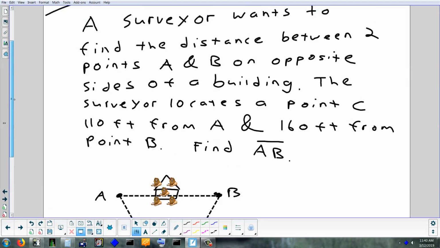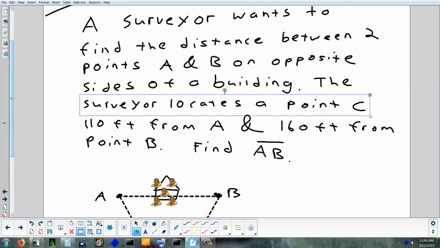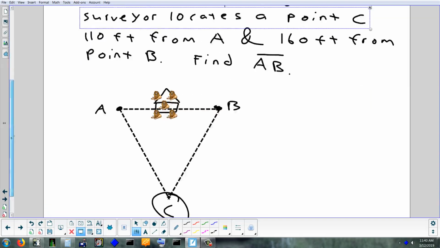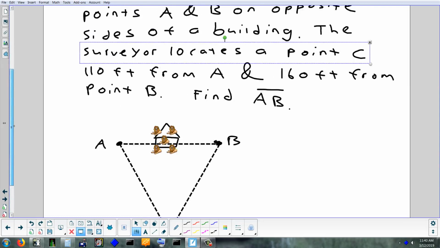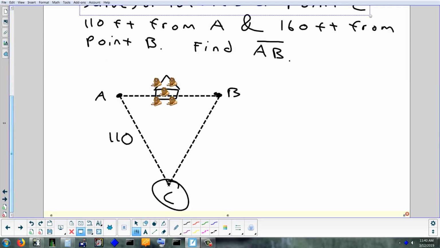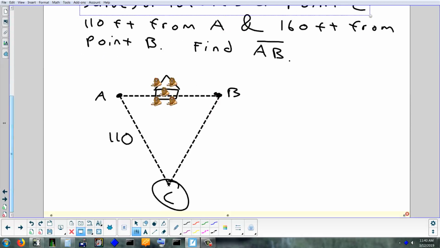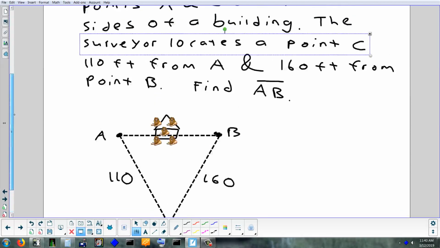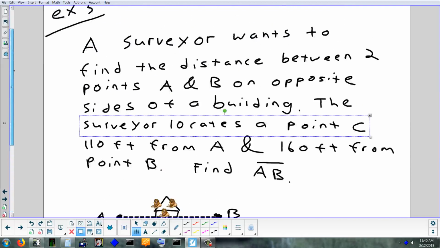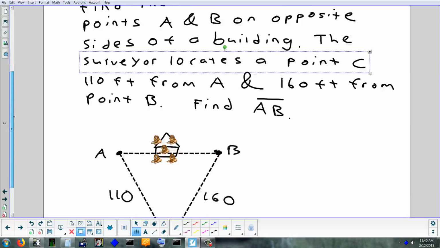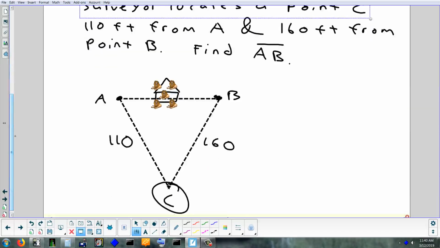So the surveyor, I think they say it right here, the surveyor is located at point C. Here's your surveyor. 110 feet from point A. 160 feet from point B. Okay, and they would have to tell us one more thing, which I erased accidentally because it was part of it, but I'll put it in words too.